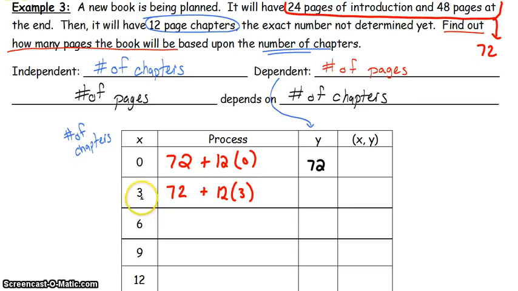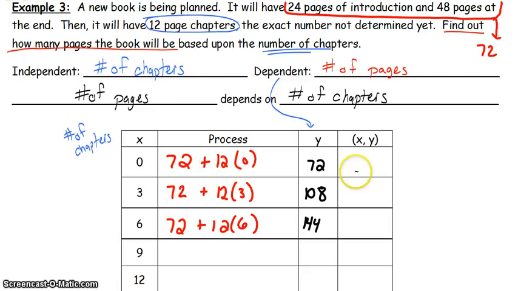If there's 3 chapters, it's 72 plus 12 times 3, which is 36, or 108 pages. Following this process all the way down, I get 12 times 6 chapters, which is 72, plus the original 72 pages, or 144 pages.